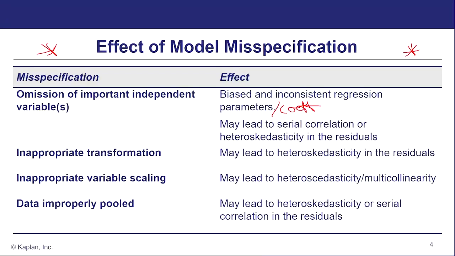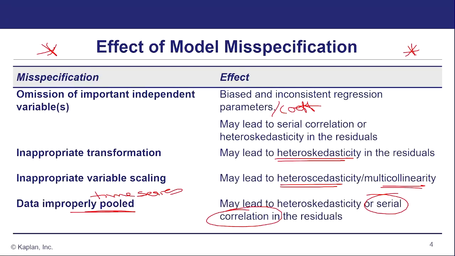Inappropriate transformation leads to what? Heteroscedasticity. Inappropriate scaling leads to heteroscedasticity or multicollinearity. And then finally, incorrect pooling. Now remember, this is time series. Whenever you see time series, you're concerned about serial correlation. So that is the effect of improper pooling of data.